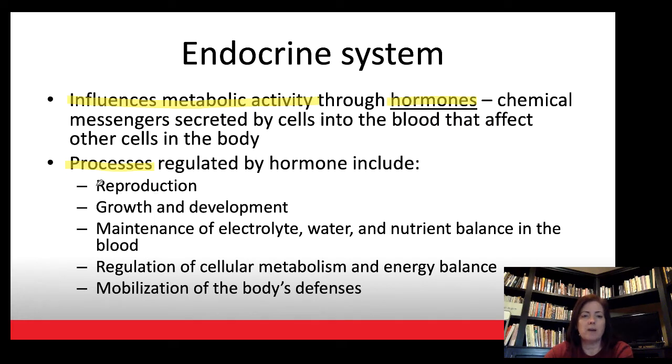I've highlighted some of these here: reproduction, growth of the skeletal system and skeletal muscles, maintenance of electrolyte balance in the body, water, nutrients, cellular metabolism, and mobilization of your body's defenses are just some examples of processes that the endocrine system is going to play a role in.